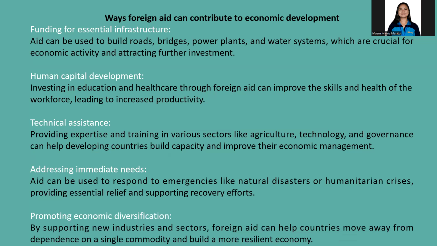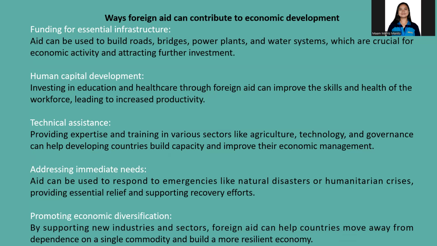And then promoting economic diversification. If there's foreign aid, it can help different industries. If industries are focusing on producing a single commodity or one good, it has a disadvantage because you cannot produce other goods with high quality.